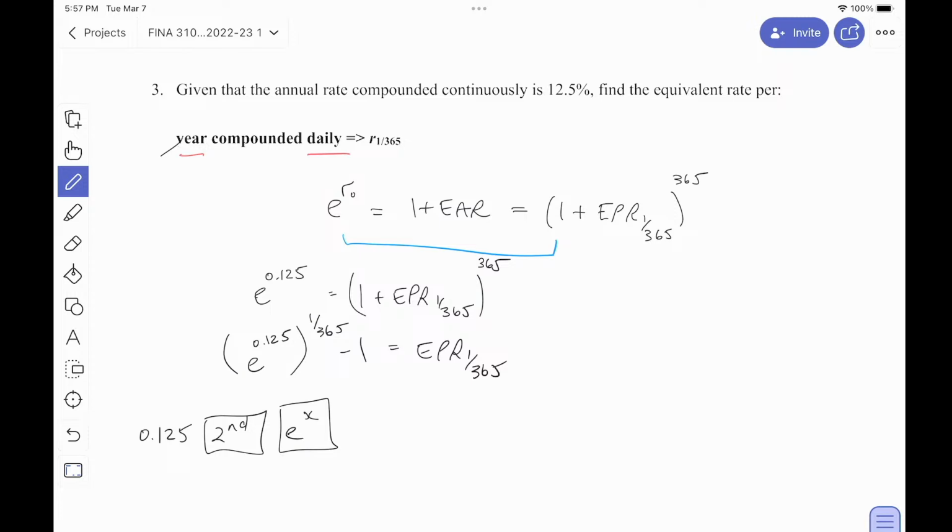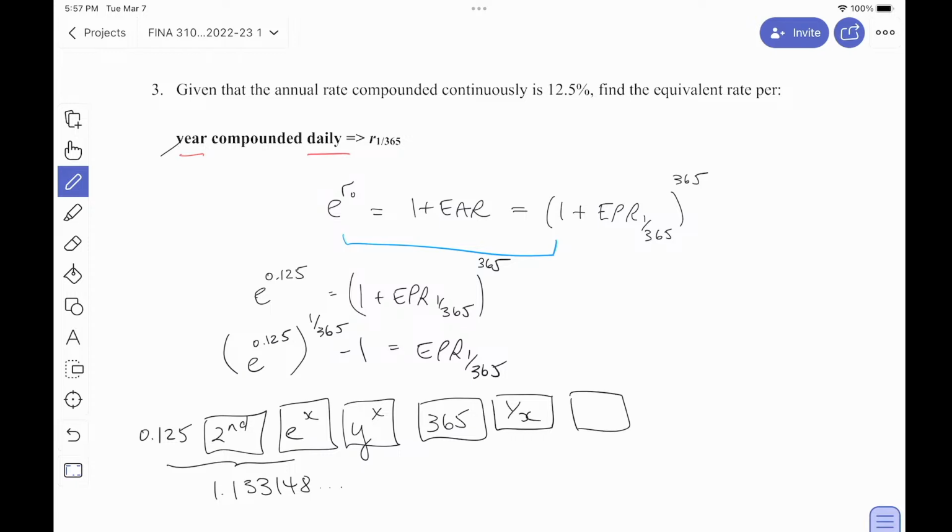Okay, so you do 0.125 second e to the x. So it's like 1.13 something. And then you want to raise this to the 365, but you want to invert it and then press equals. Try that.